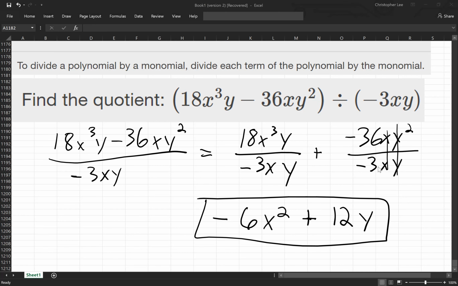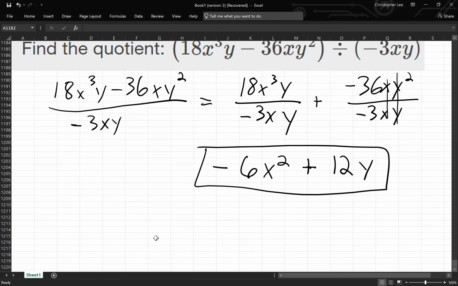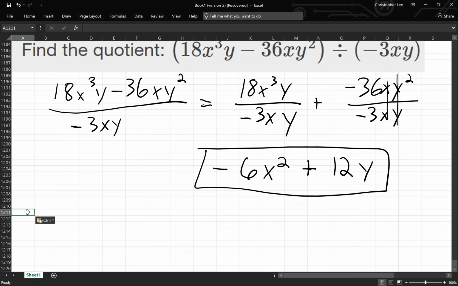And then you just reduce the fraction. That's the hard part. You have to actually divide it and reduce it. All right. You guys try.